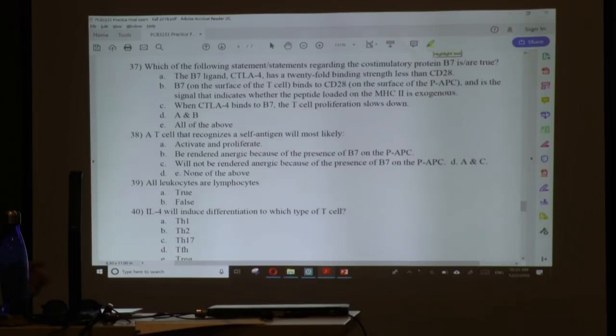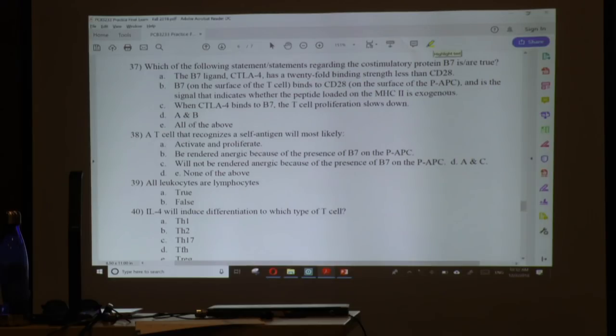Now, dendritic cells can pick up things that are from our own body and still take it to T cells. But if, let's say, a dendritic cell picks up a dead epithelial cell and then it goes to the lymph node and it shows it to a T cell, there's not going to be any B7.